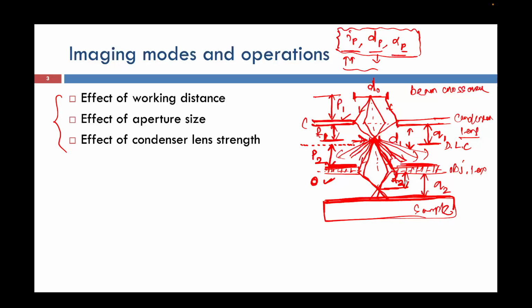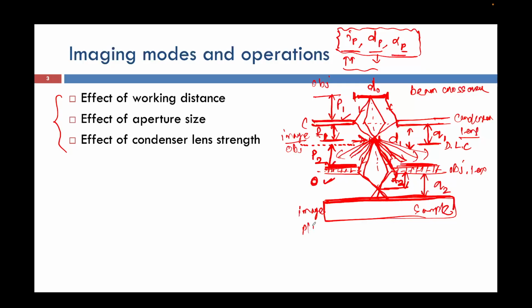To make the long story short, this will be our first object, and this will be our first image, and this image will again act as an object, and here it will be the image plane.